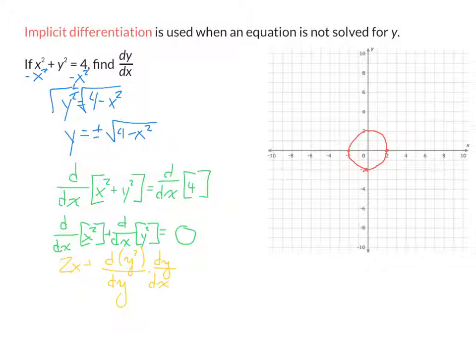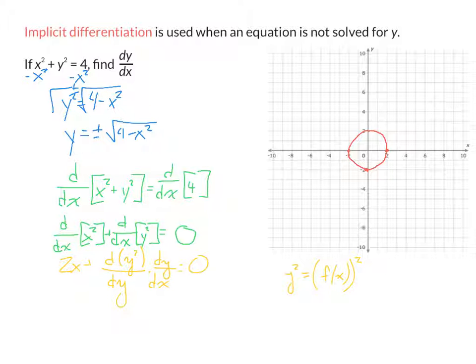Y is some function of x that's being squared. So if I think about y squared, I can look at it as, say, some f of x being squared. And so I have the function that's being squared, and then inside that I have another separate function. So I do the derivative of y squared, and then I multiply that by the derivative of y. And that's what's happening over here.